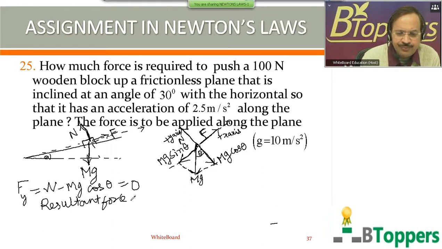That means resultant of forces acting along x-axis. Here capital F represents the magnitude of the accelerating force applied on the block parallel to the inclined surface, which acts along positive x-axis in the direction of the motion. The component mg sin theta acts opposite to the direction of the motion, the negative direction of x-axis. So magnitude of the resultant force along x direction will be F minus mg sin theta.